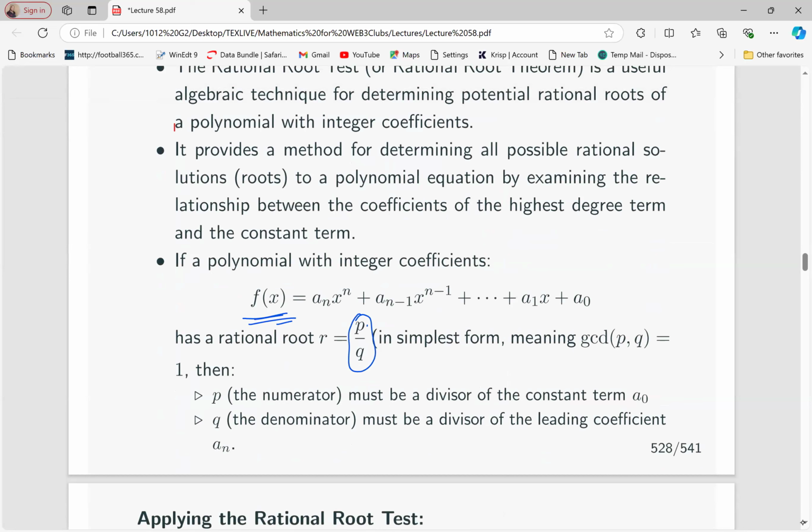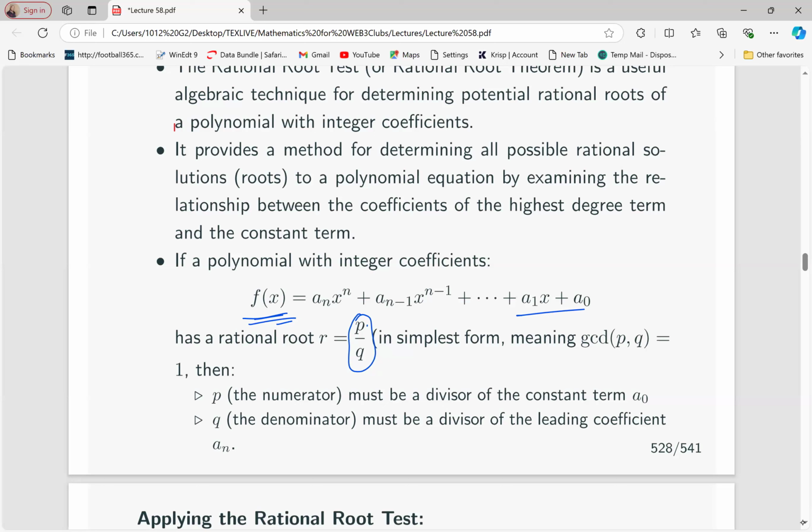In this method, we want to come up with all possible rational roots that exist for this polynomial. When I say all possible, I mean the ones we suspect could be roots.